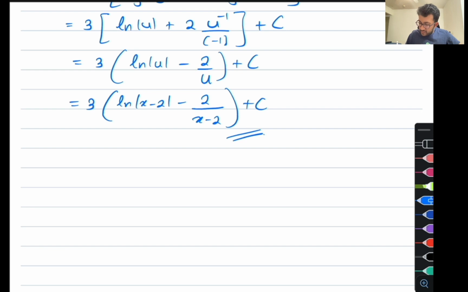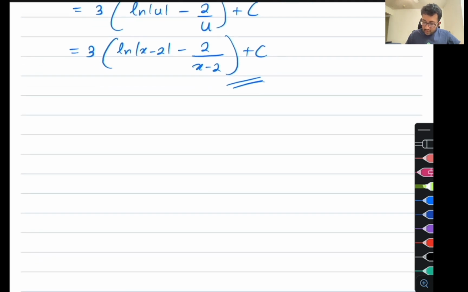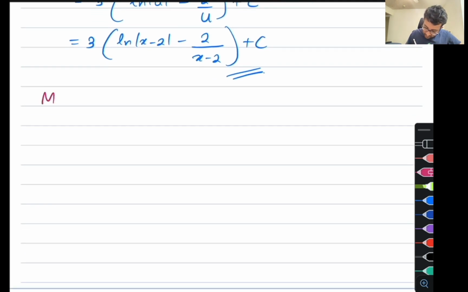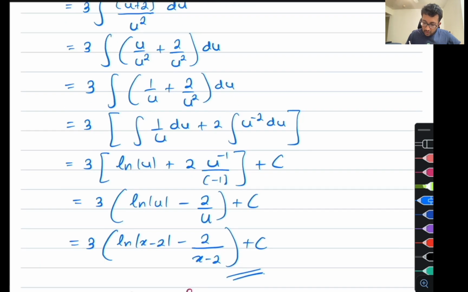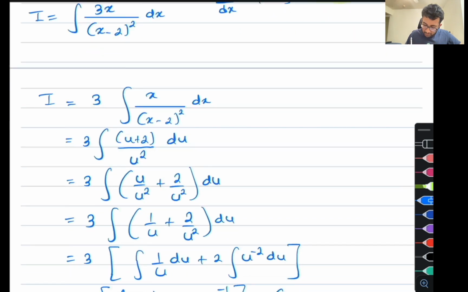Let's do this problem in another method. Method 2 is partial fractions. So my function is 3x divided by (x minus 2) to the power 2.